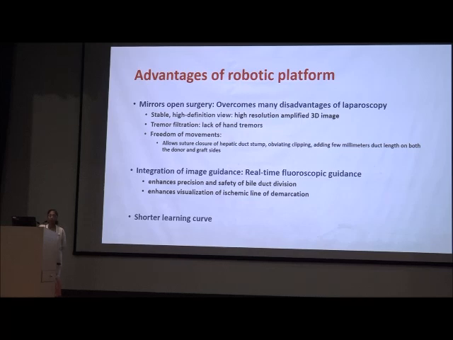It mirrors open surgery, the first thing, so it takes away the inherent disadvantages of laparoscopy. It provides us with a very stable, high definition, 3-dimensional image which reduces overshoot. The machine has a tremor filtration effect, so it abolishes the effect of hand tremors. And the most important perhaps is the 360-degree freedom of movement akin to the human wrist, which is lacking in laparoscopy, making suturing very difficult there.